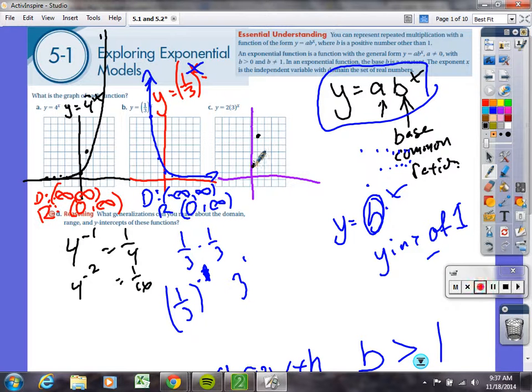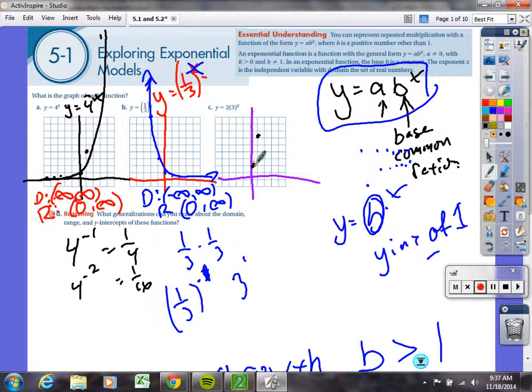So just to let you know, that a value is always going to be, if it's just there, a scalar. That's the word I was looking for earlier. Thank you. Okay. If you're just in a b to the x, that's always going to be your y-intercept as well. Now, we haven't talked about translating it, meaning moving it up or down or left to right. That obviously switches it, right?